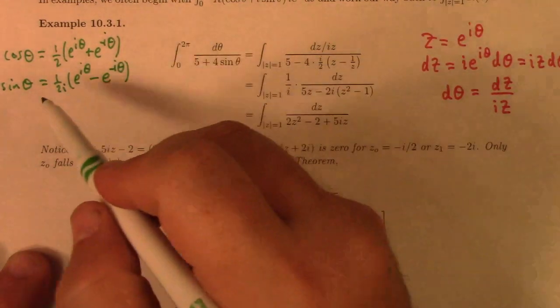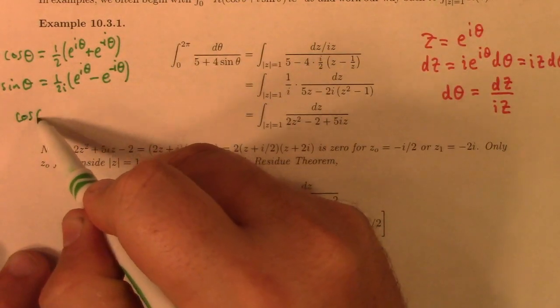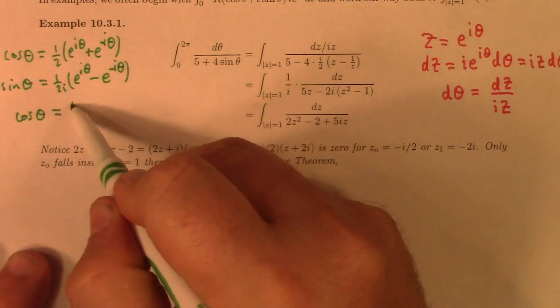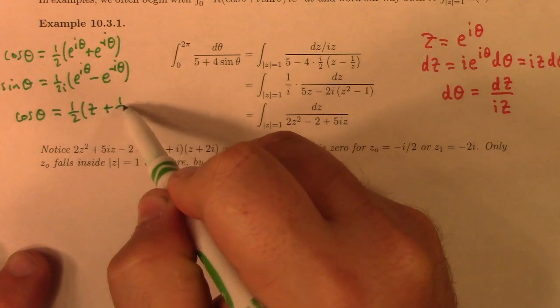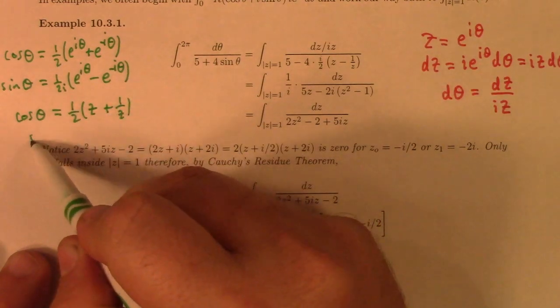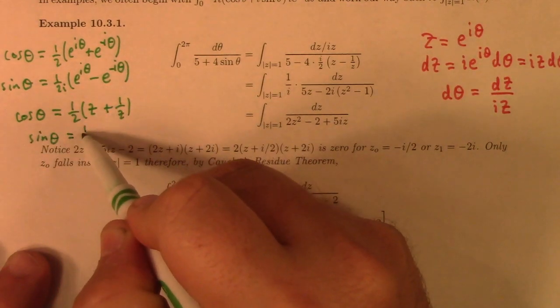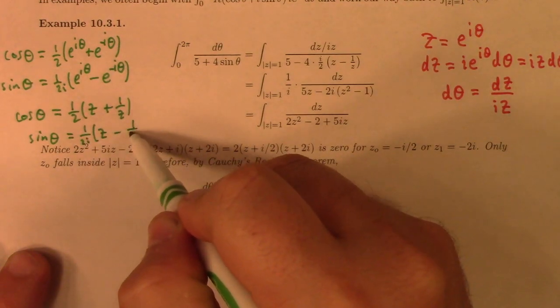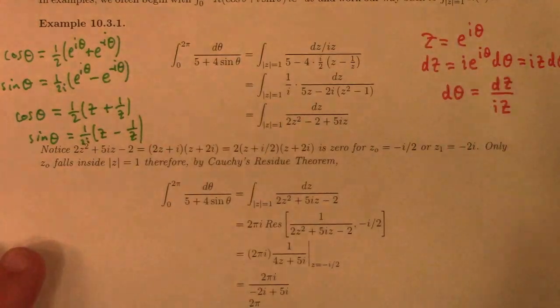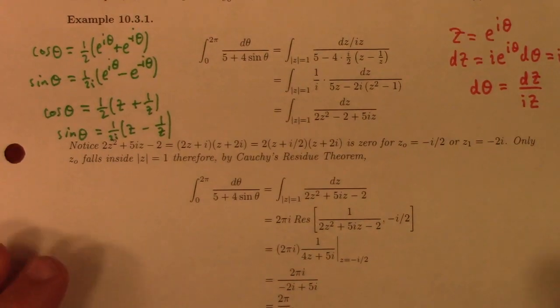And of course that, if we re-express it in terms of z, is 1/2 (z plus 1/z), and sine theta is 1/2i (z minus 1/z).